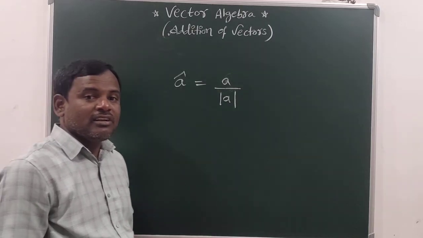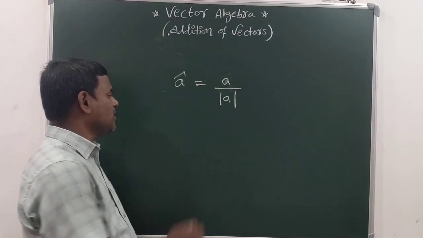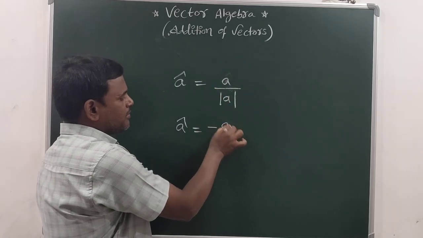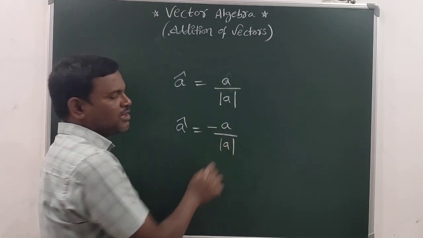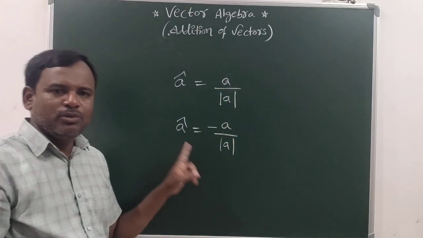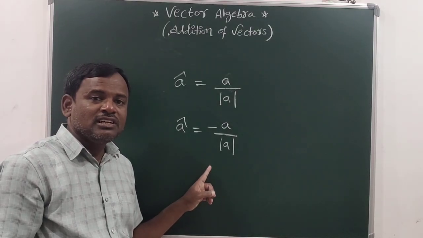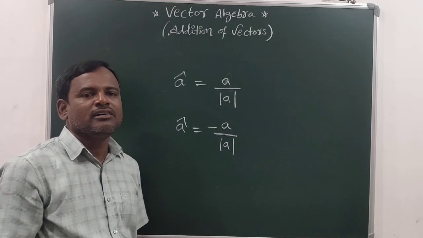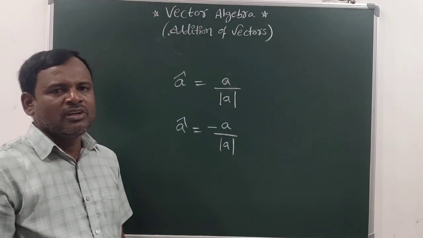And a unit vector which is in the opposite direction of A means, just here you have to change the sign: minus A by mod A. This is also a unit vector which is in the opposite direction of A. You are having a negative sign now.